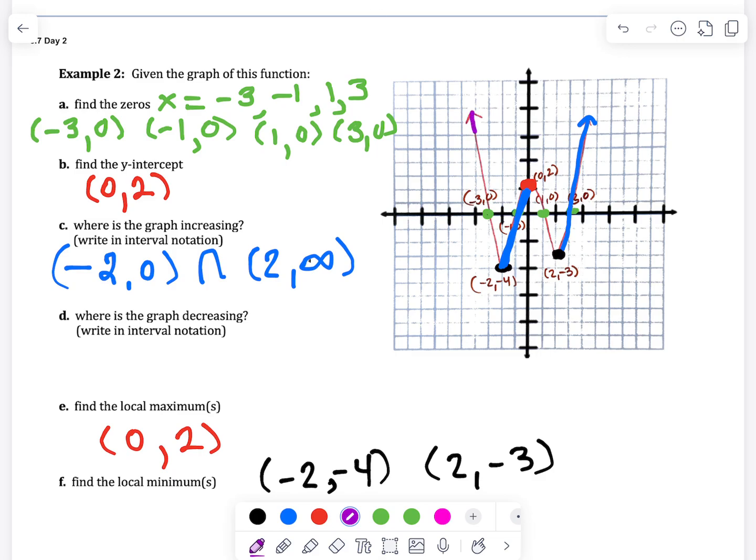Decreasing, negative slope, think. It decreases here, it decreases there. So on the x-axis, it decreases from negative infinity to -2, and from 0 to 2 on the x-axis.